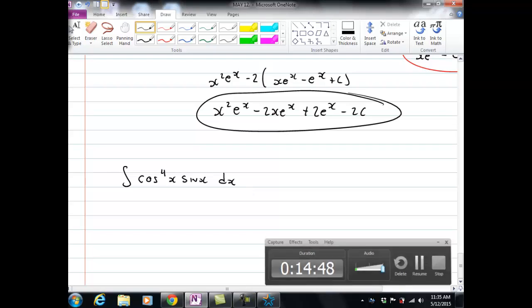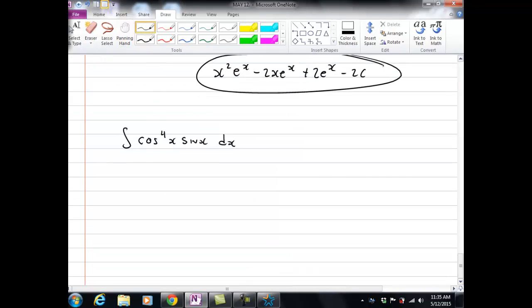I walked around, and a lot of you did this. You went u equals cos^4 x, then therefore you want dv equals sine x dx.